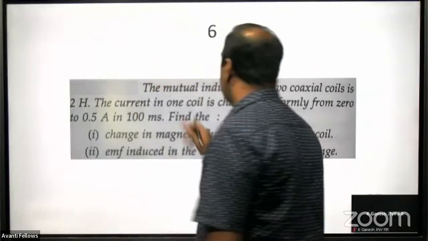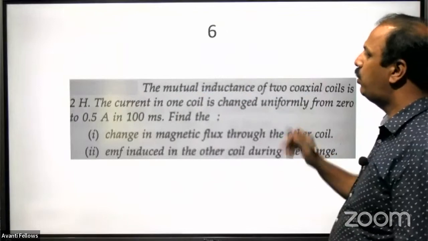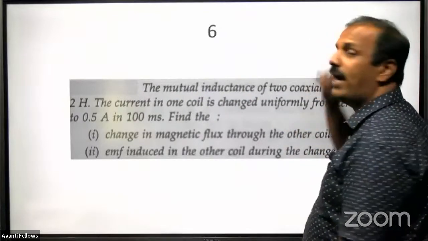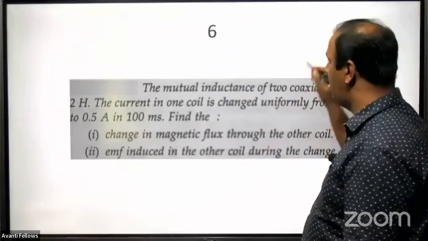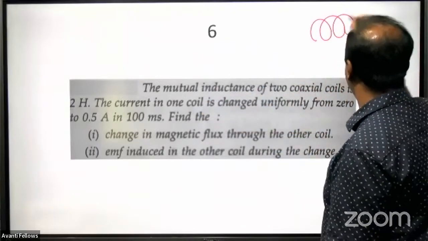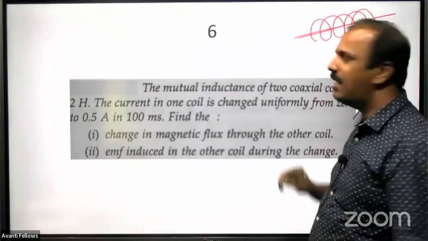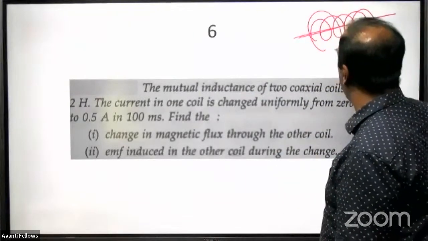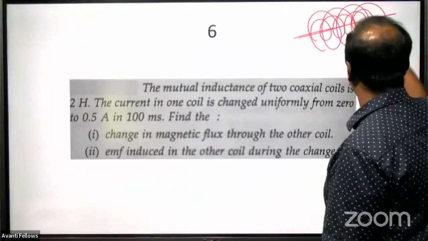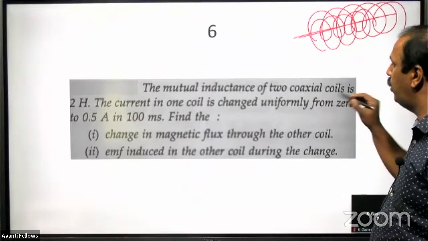See here, the mutual inductance of two coaxial coils is 2 Henry. That is, you have coaxial coils. So you have one coil like this. And what is the meaning of coaxial? We have one axis like this, and the next is also above that one like this. So we have two coaxial coils.